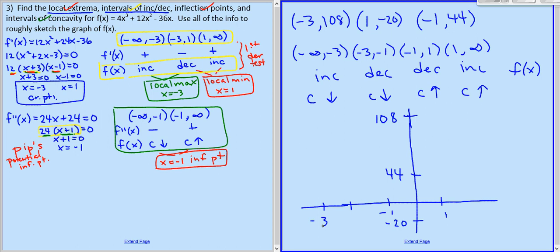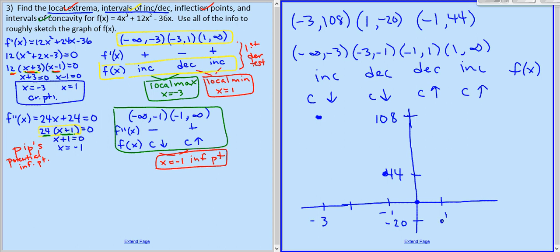Let's put our points in place. -3, 108. -1, 44. Let's put our y-intercept in there. What is our y-intercept? It's 0. And we have 1, -20.